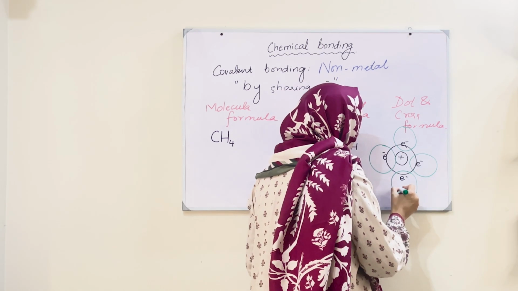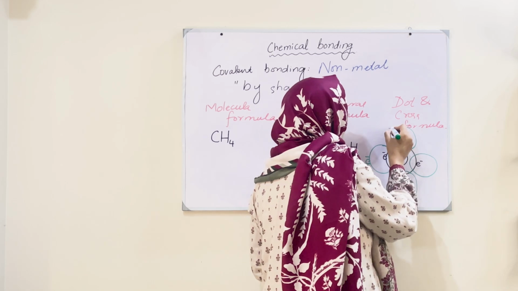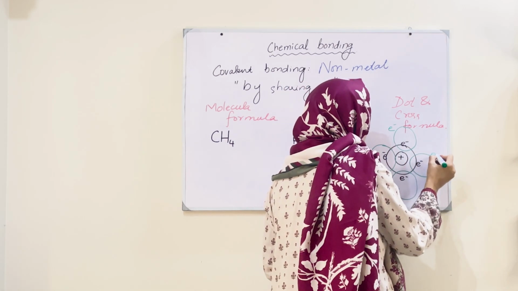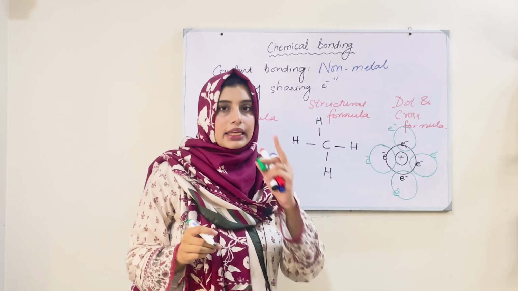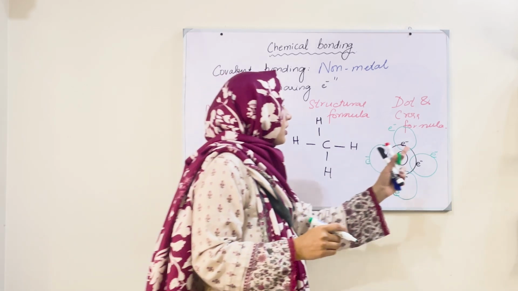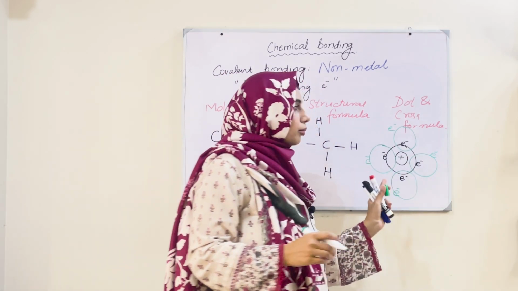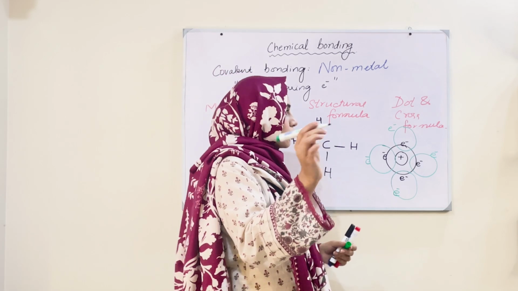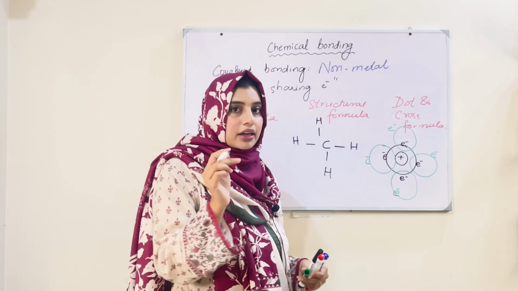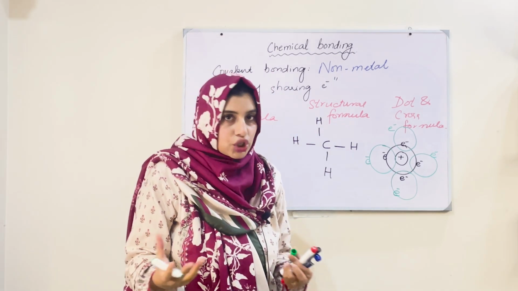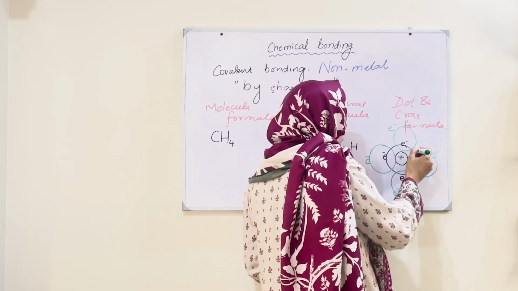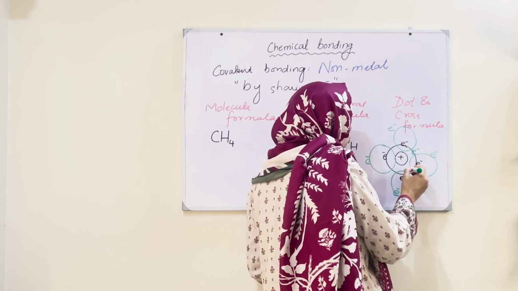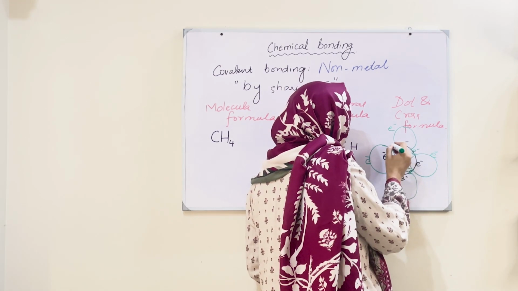Hydrogen has 1 electron in its outermost shell. Every hydrogen has 1 electron in its outermost shell. Now that hydrogen is giving that 1 electron to carbon, and carbon will have 8 electrons now. I am drawing the electrons in green so that it will be clear which one is shared. Hydrogen's electrons will be here, 1, 2, 3 and 4.